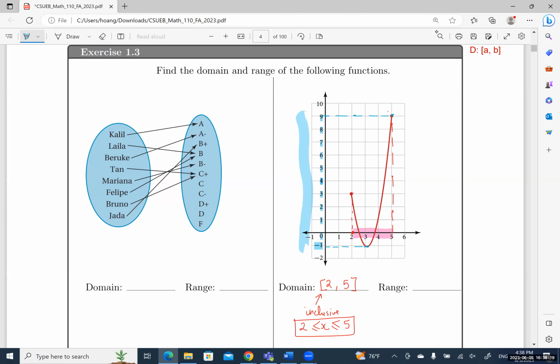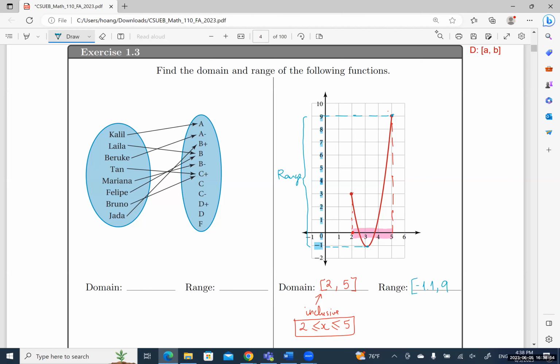Range here: it comes from negative 1.1 and goes up to 9.